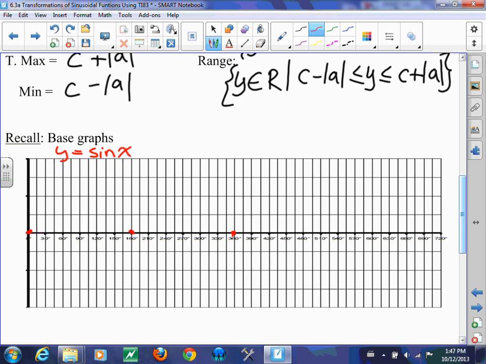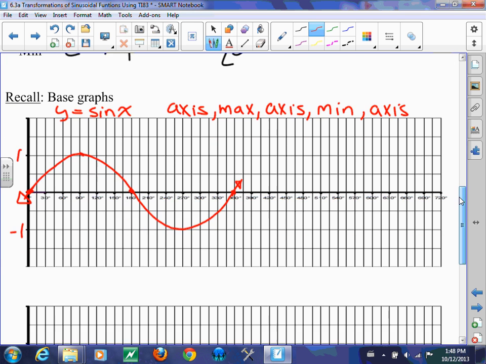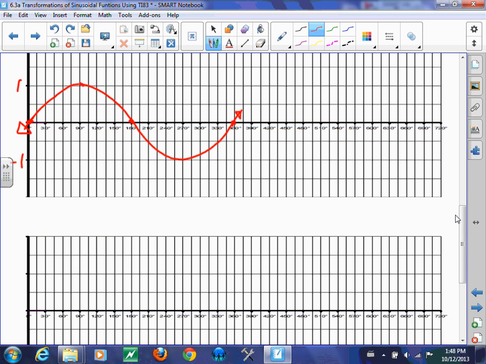Okay, so if we put a scale of 1 on here, and this being -1, you're going to start at your axis, go up to your max, down to your minimum, and back up to your axis. And I'll just show one cycle there to help you. Okay, so just remember, the key for this one is you go axis, max, axis, min, and then back to your axis. All right, that's the key for sine theta or sine x.